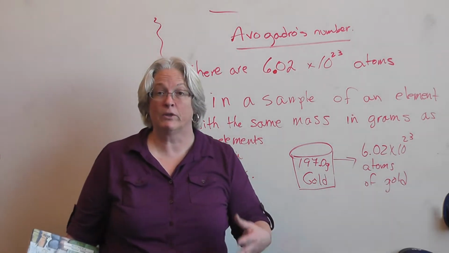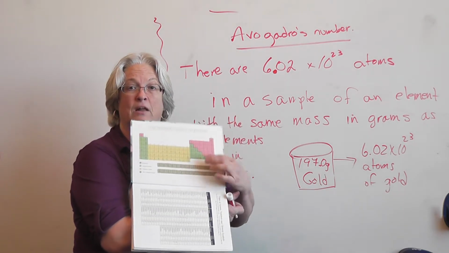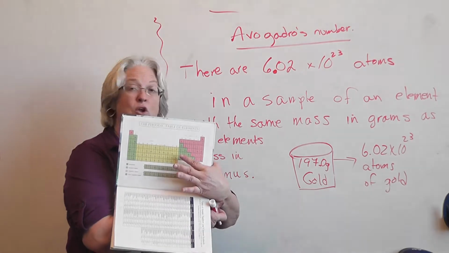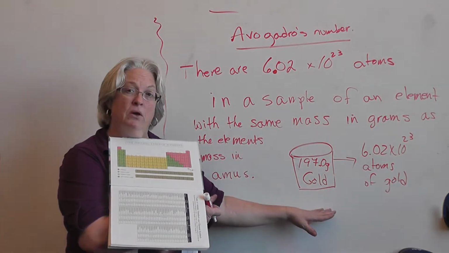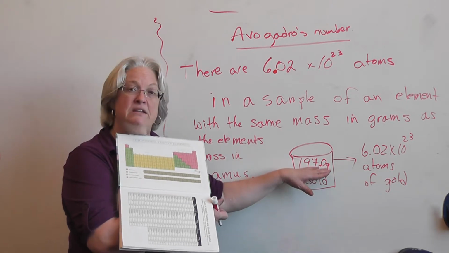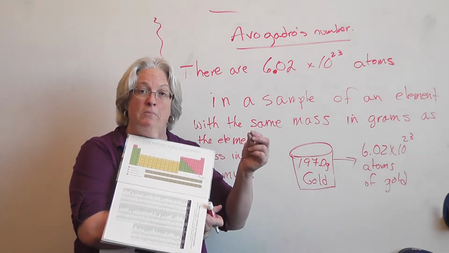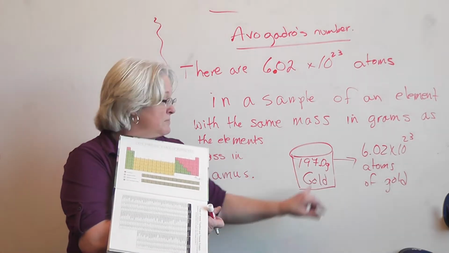Well, how do you find out what the mass of an element is? You look at your periodic table of the elements, and right down here we've looked at Au for gold. The number at the top was 79. The number below the symbol Au was 197.0, which told us the mass in atomic mass units.